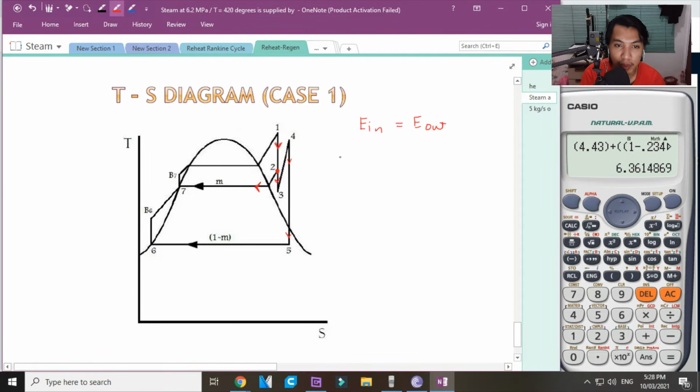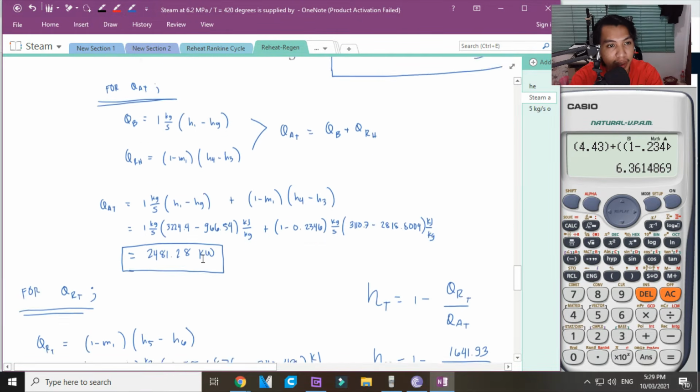So yung mga pumasok, H1 plus H4. Ano yung lumabas? Yung work ng turbine total plus yung H2 plus yung H3 plus yung H5. Check natin sa schematic diagram kung tama ba yung nagawa ko.